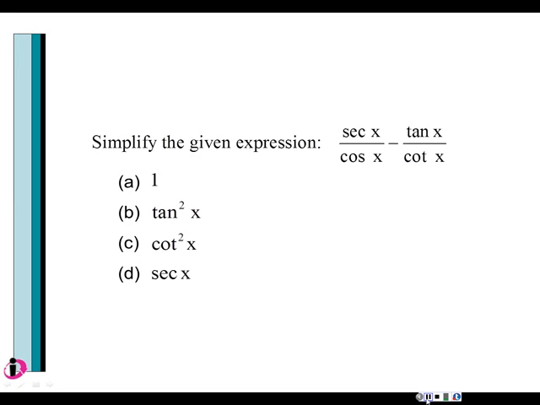Tangent equals sine over cosine. And cot x equals cosine over sine. Now this is going to be 1 over cosec square x, and here we'll have sine square over cos square x.